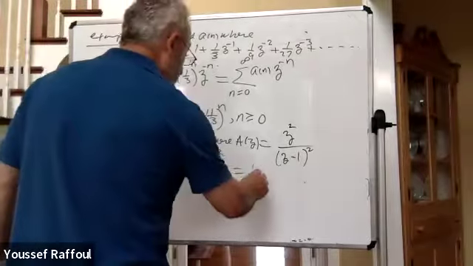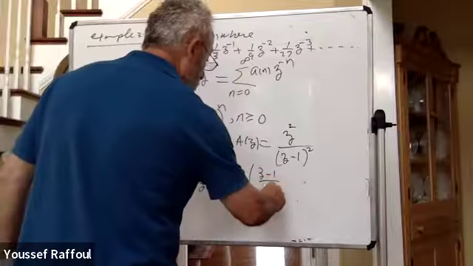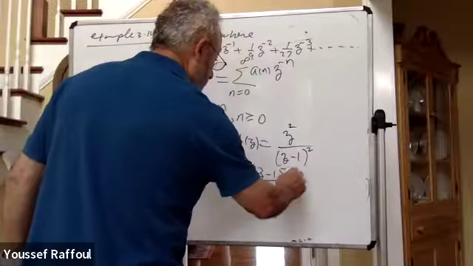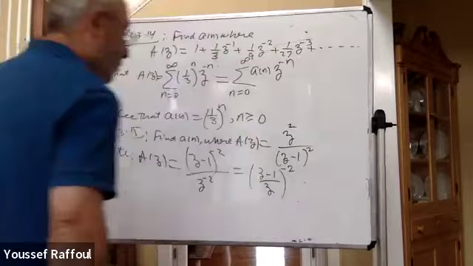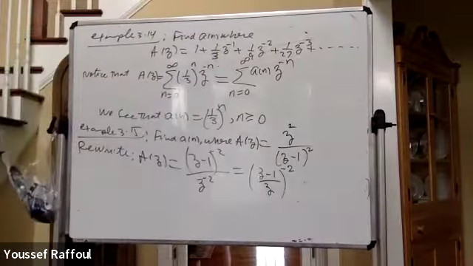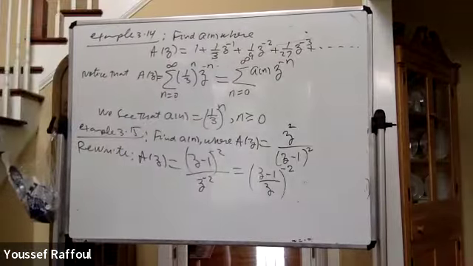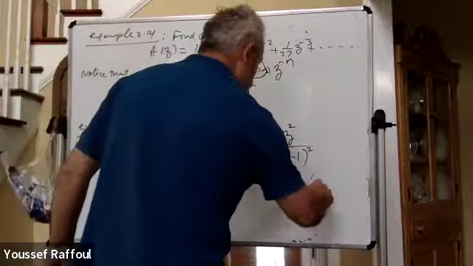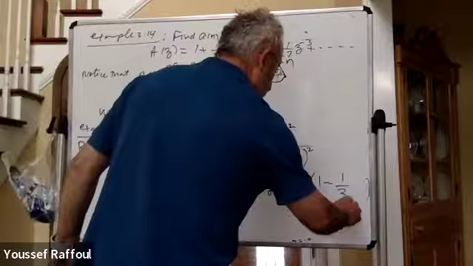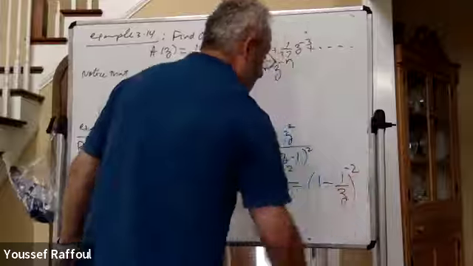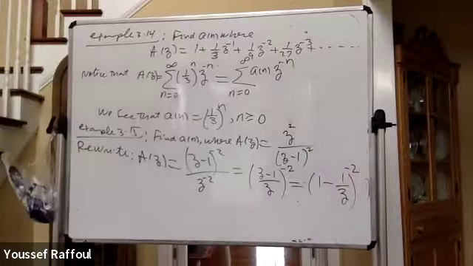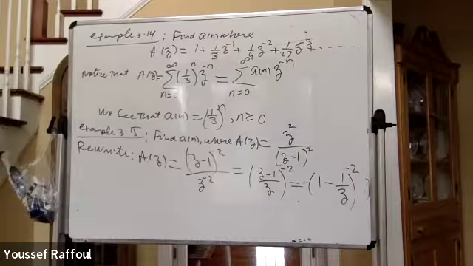And that is (z minus 1) over (z minus 2). And that is 1 minus 1 over (z minus 2). Okay? Well, how good is that?